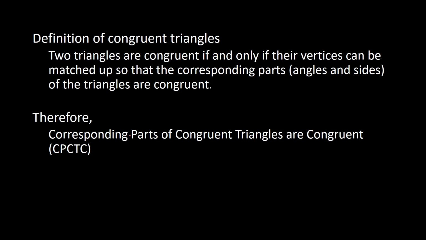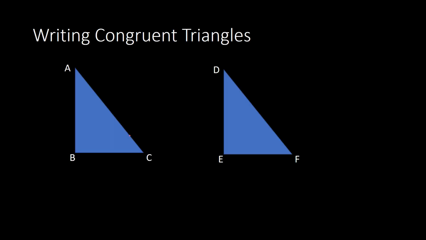Now, looking specifically at triangles for a minute. Here if we have two triangles, and we're trying to write the fact that they are congruent, we need to make sure that the corresponding vertices are in the same location when I write.